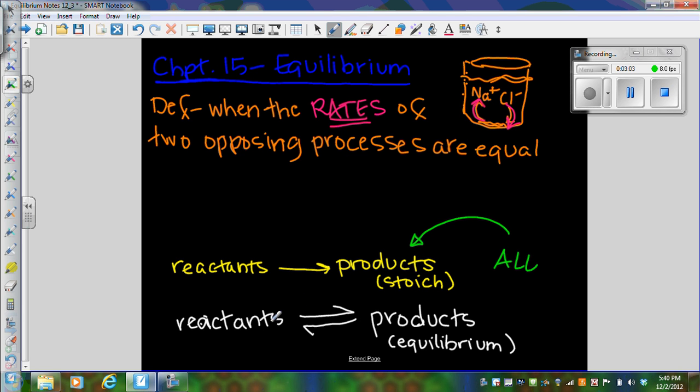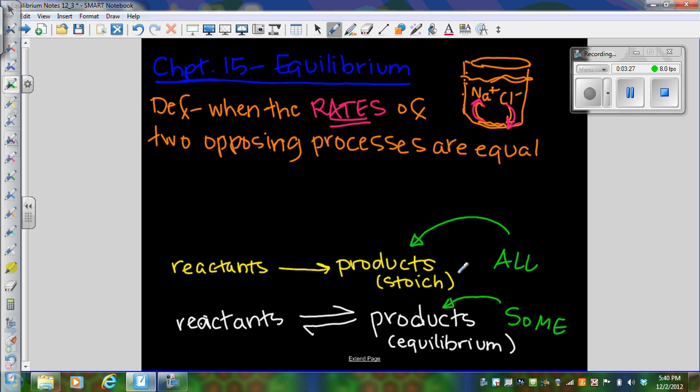And then in comparison to that, equilibrium is when reactants form some products, which then would also mean that you have some reactants remaining. And so that's a state of equilibrium. And the amount of reactants and products you have left, we're going to talk about that a little bit later.